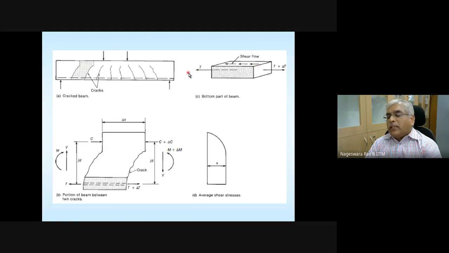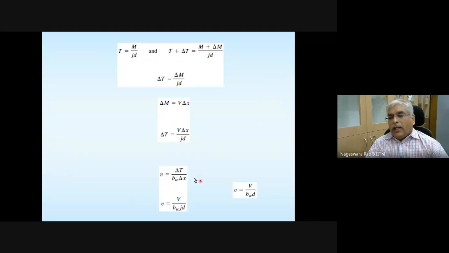If you write the equilibrium equation for this, please make a note: T plus small v times delta x multiplied by bw is equal to T plus delta T. You rearrange it, you are going to get this relation.